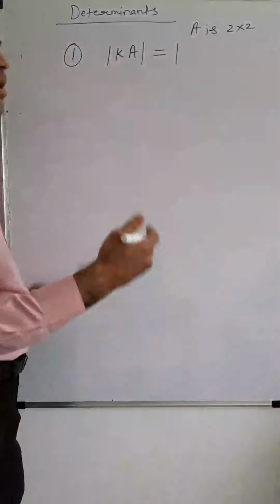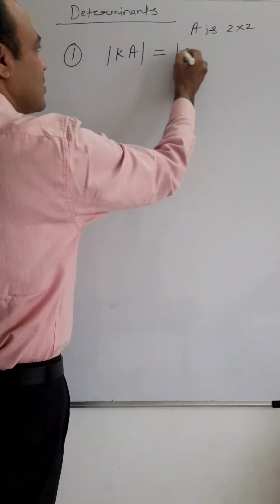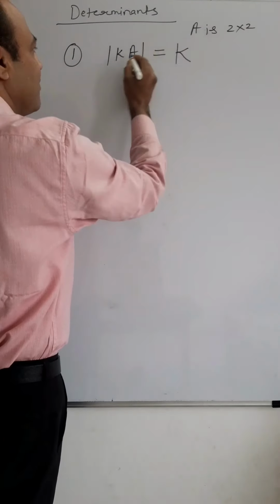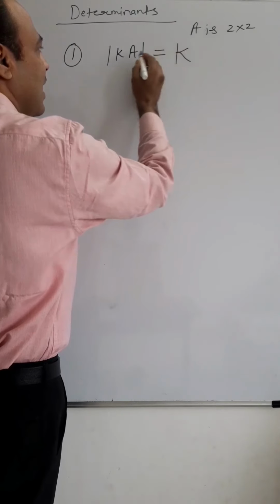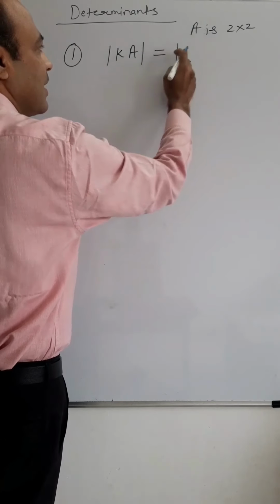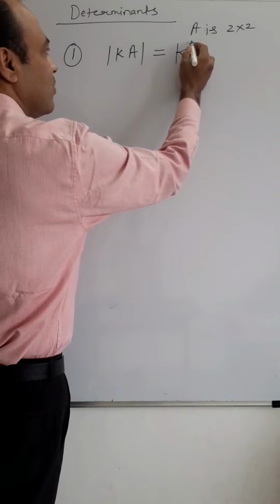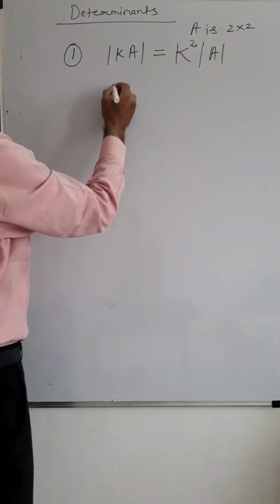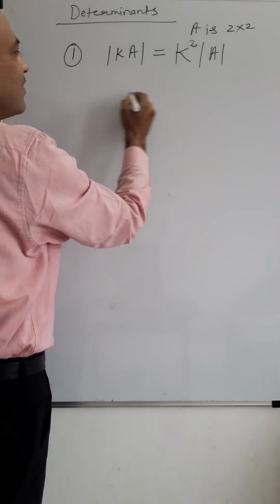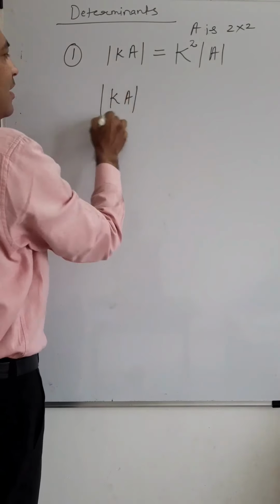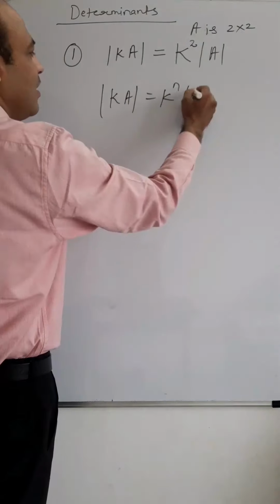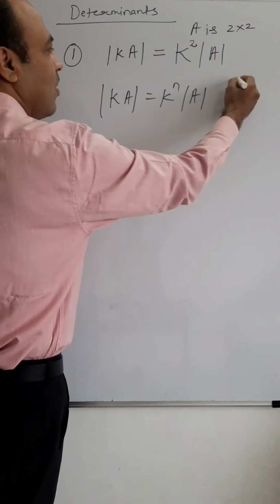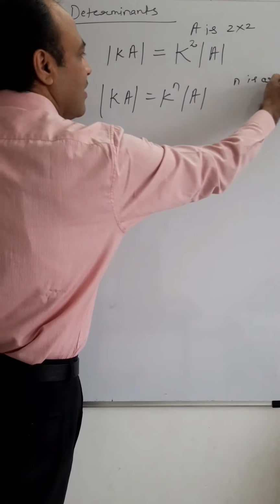So what happens, k came out, and whatever the order of that determinant, that order will come in the power, k square into determinant A. Or we can say it is also written as kA is k to the power n of A, n is the order of determinant.